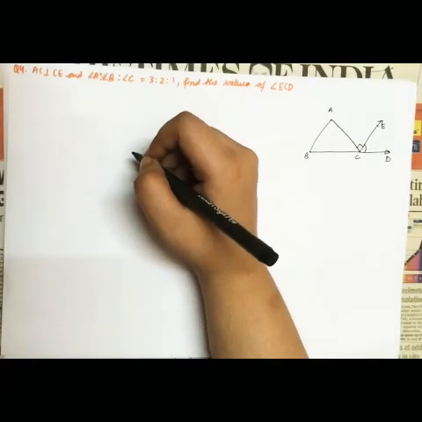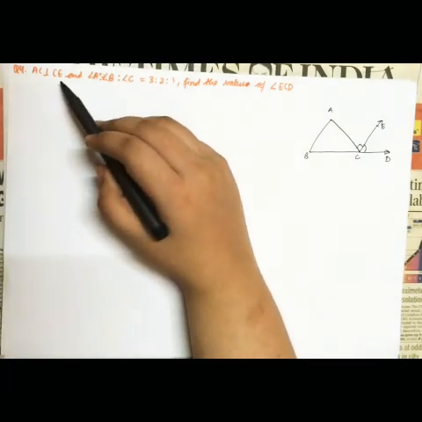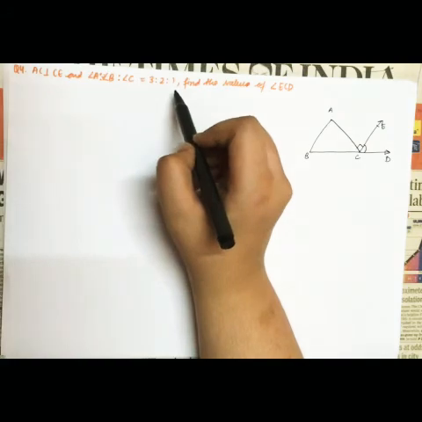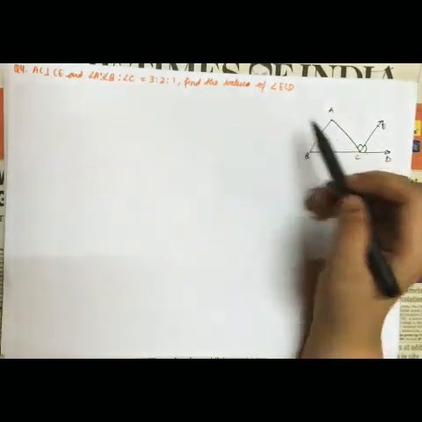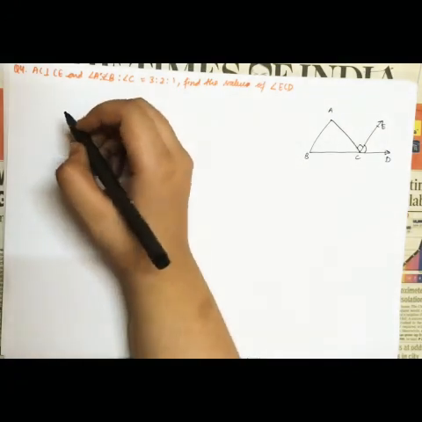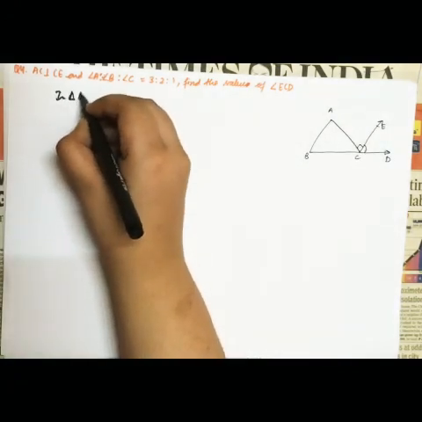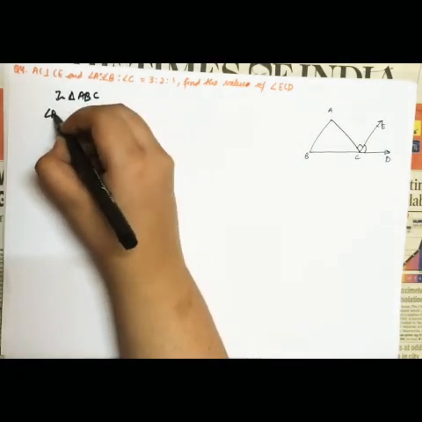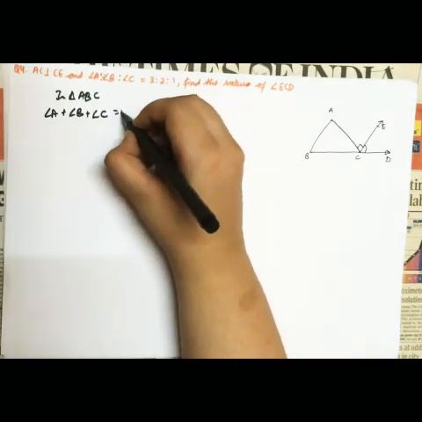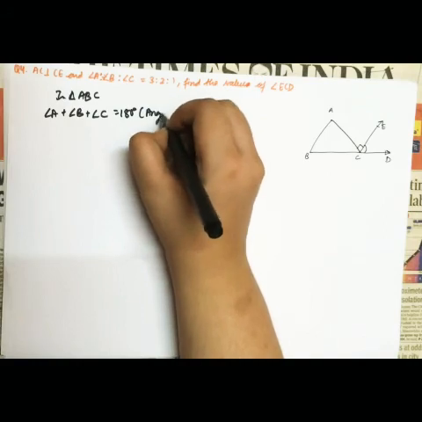Now question number 4. In this AC is perpendicular to CE and angle A is to B is to C is equal to 3 is to 2 is to 1. We have to find the value of ECD. So we will start with triangle ABC. Angle A plus angle B plus angle C is equal to 180 degree because of angle sum property.